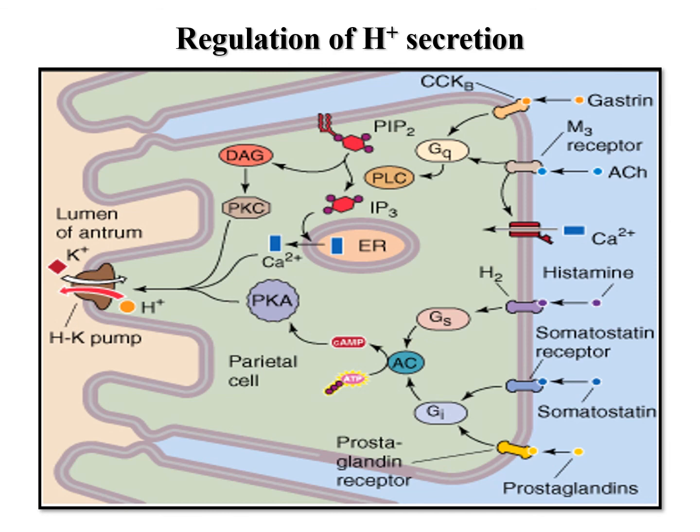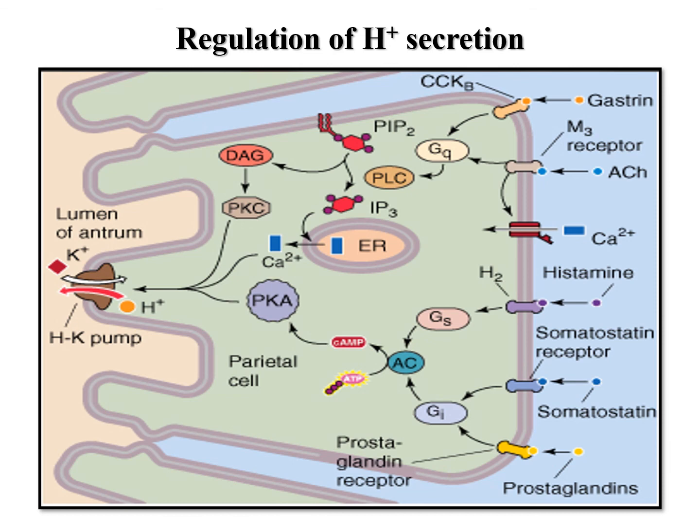This G protein Gi inhibits or decreases the activity of adenylate cyclase. The decreased activity of adenylate cyclase leads to decreased production of cyclic AMP and decreased activity of protein kinase A. So the expression of the proton pump is decreased.